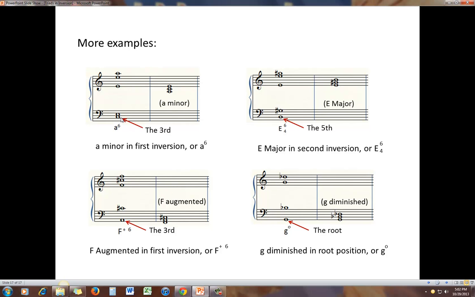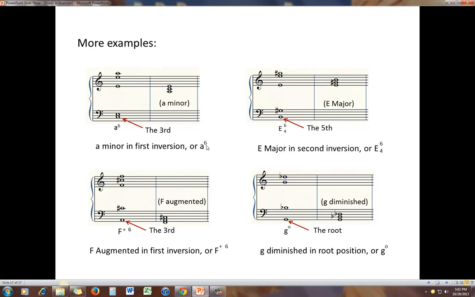C is the lowest note. In the A minor triad, the C is the third. When the third is in the bass, you have a first inversion triad. So this is an A minor triad in first inversion, and it can be written as lowercase a for minor with the designator 6 for first inversion.